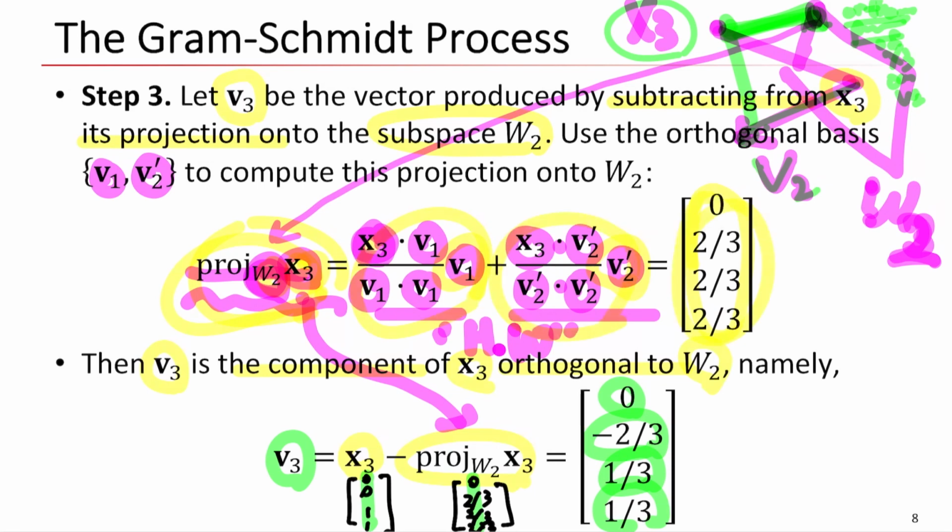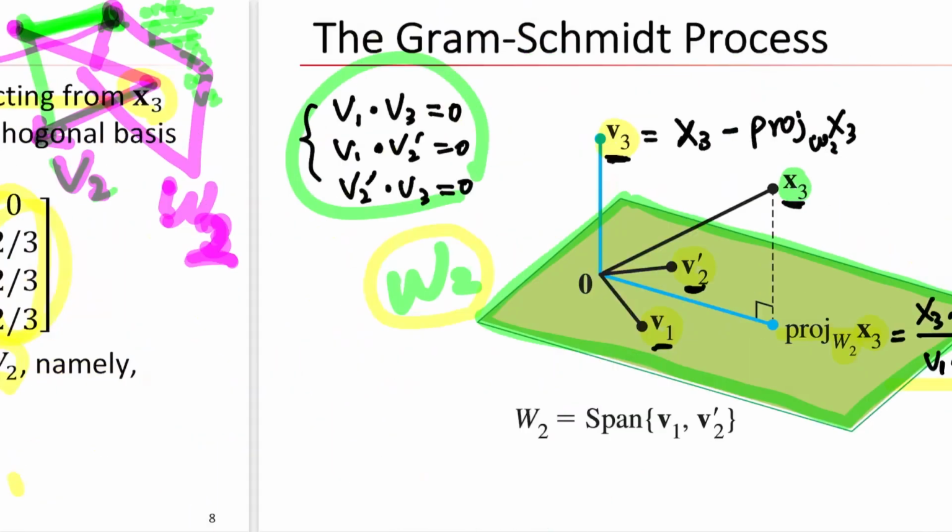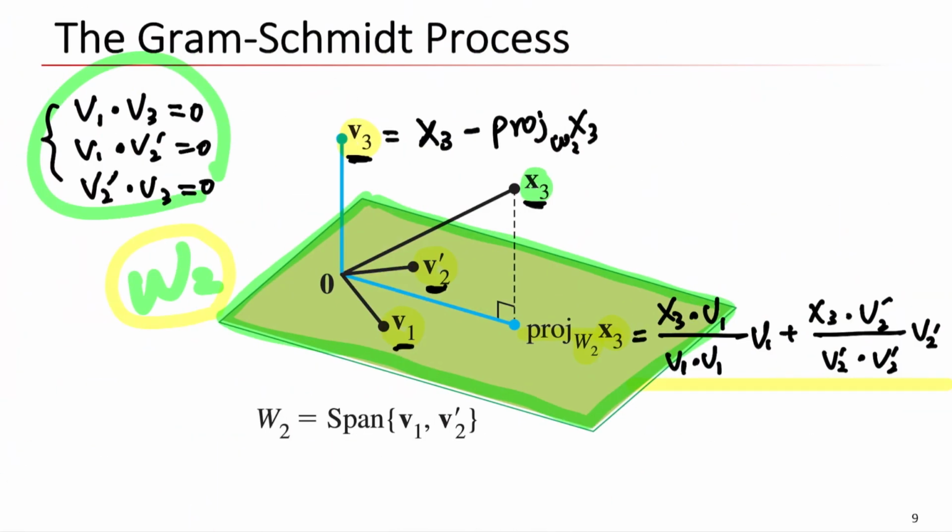So finally, V3 is the component of the X3 orthogonal to W2. That is computed something like this. So V3 is finally here, right? Okay. So this is the illustration of finding the V3 by using the X3 and the projection of the X3 onto the W space, right?